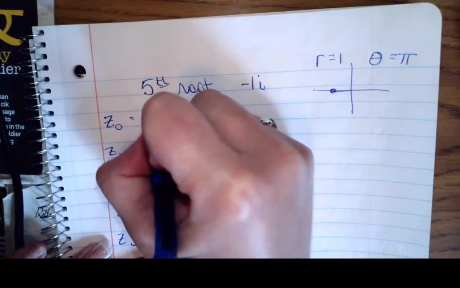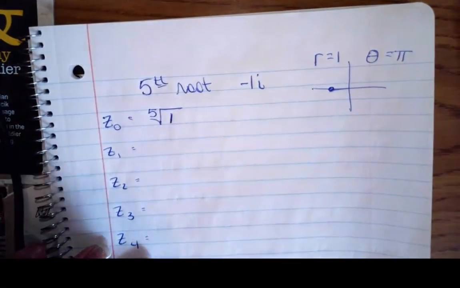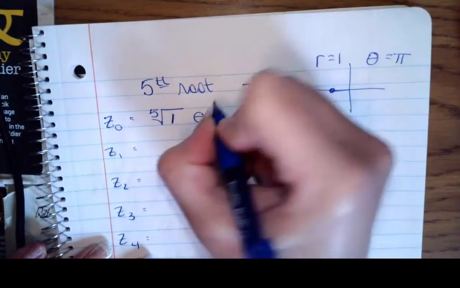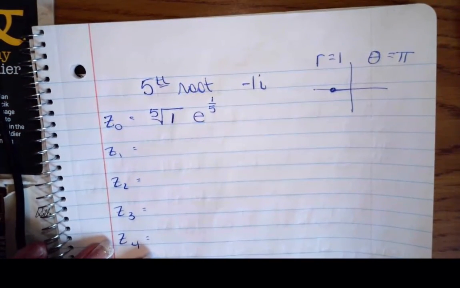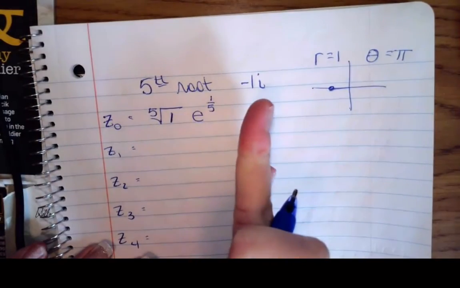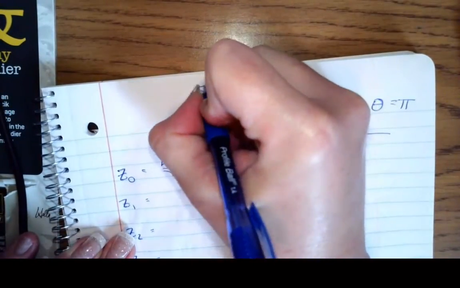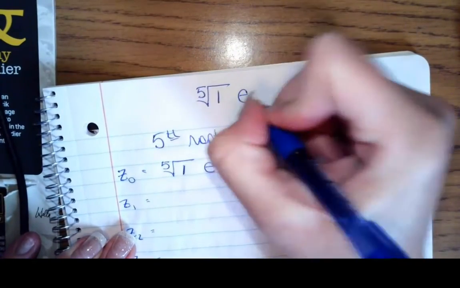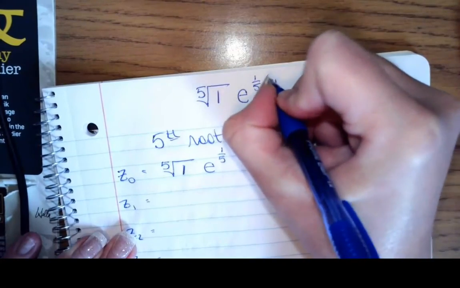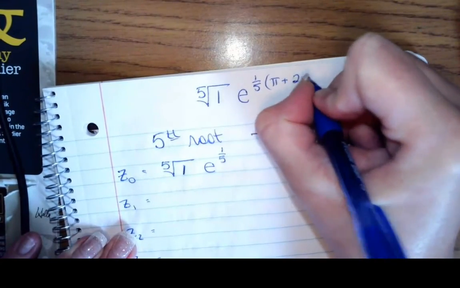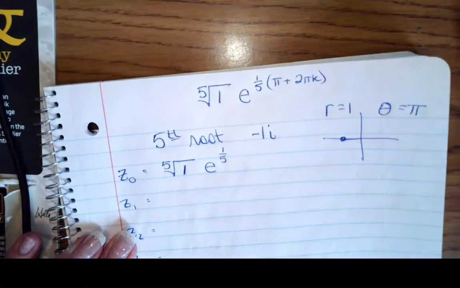I've got a 5th root of my radius times e to the 1 over 5, and then I've got my theta plus 2 pi. So let me write this up here. What we're doing every time is the 5th root of 1, e to the 1/5, and then I'll have pi plus multiples of 2 pi.